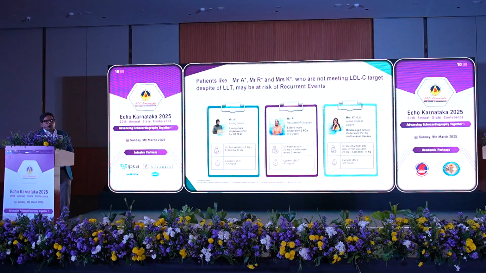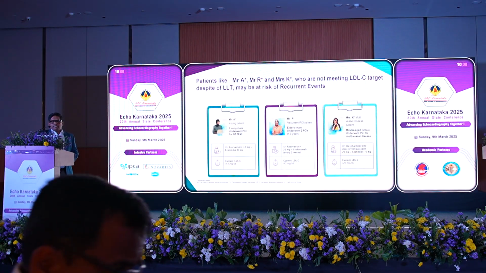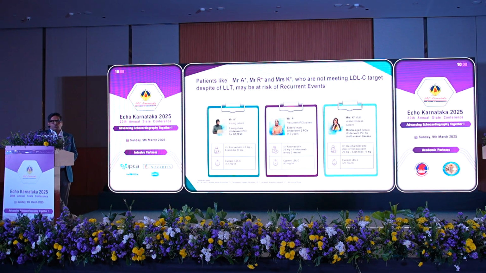So I will put up 2 or 3 real patients whom we usually come across in hospitals. At the right end is a young patient who has recently undergone an angioplasty because of an STEMI, and his medications include atorvastatin 40 mg and ezetimibe 10 mg. The middle patient is an elderly man who has already undergone 2 angioplasties in the last 3 years.